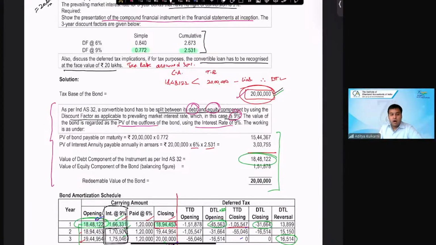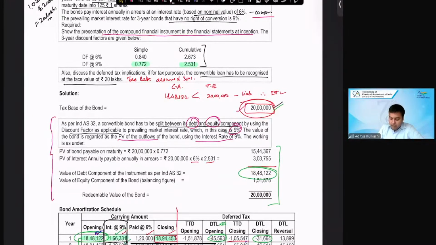Present value of bond payable on maturity 20 lakhs. You will be getting the maturity after 3 years. So 20 lakh into 0.772. This is 9% present value factor 3rd year. So 15 lakh 44,367 is the present value of the principal. Interest annuity 20 lakh, 6% is the coupon, 2.531.